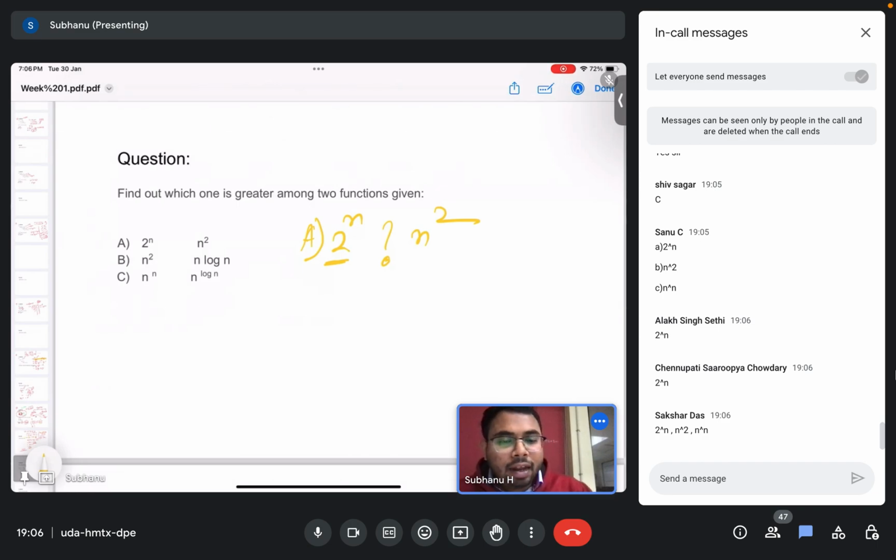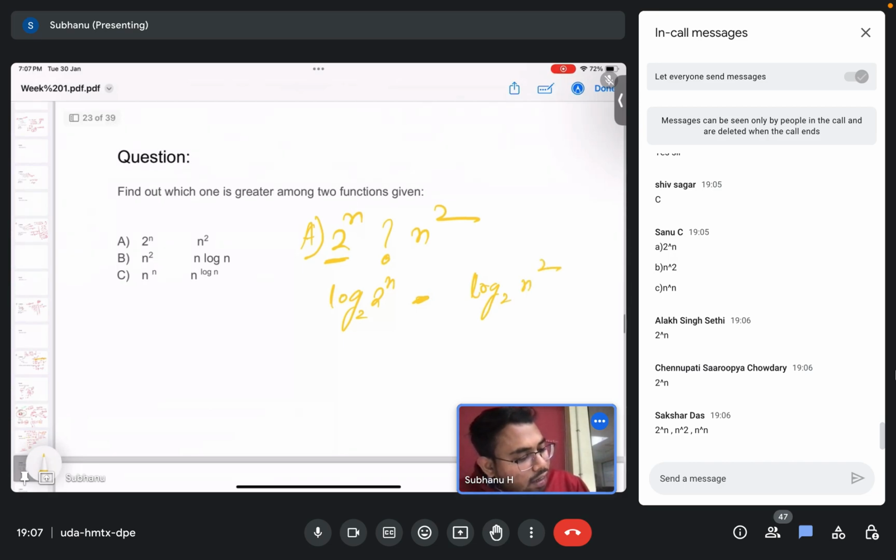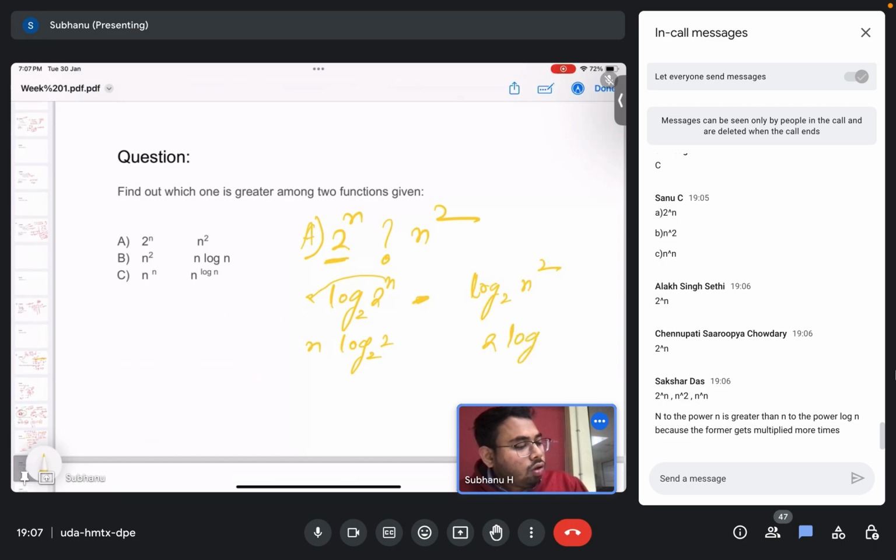Simply apply log. If you apply log to 2 to the power n with base 2, and also apply log to n square, then this n will come down here, and the 2 will come down here: n log 2 base 2, and in this case 2 log n.